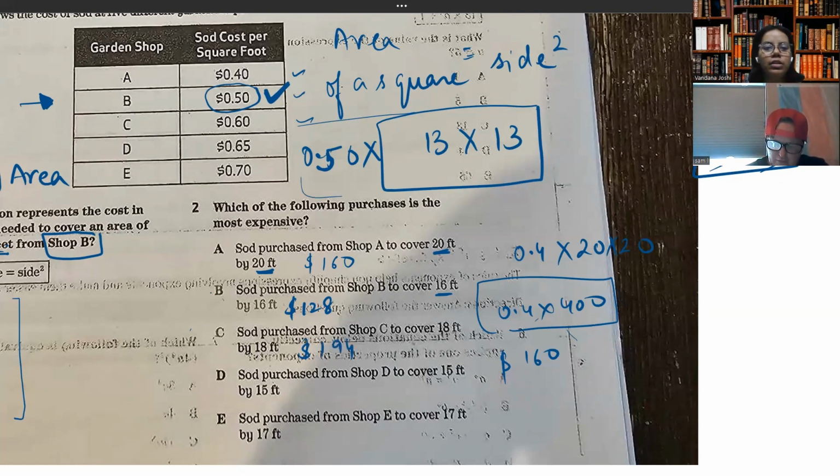What about shop D? 146. Yes, 146. What about shop E?